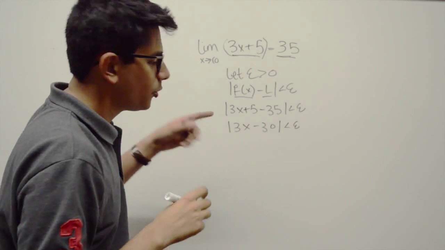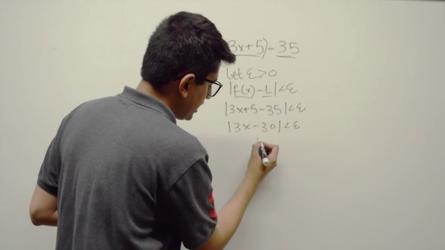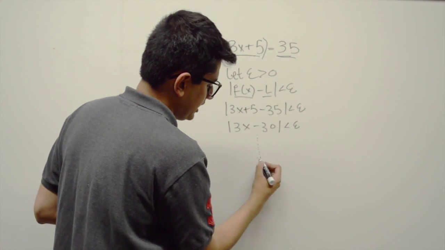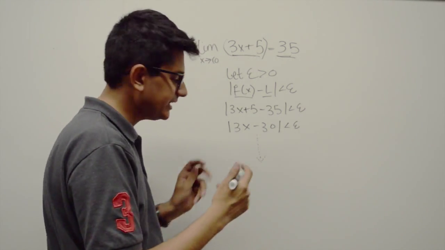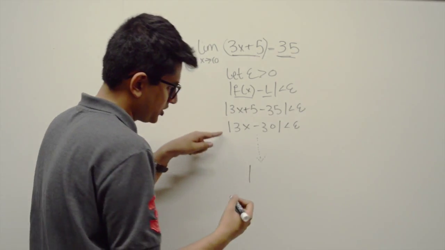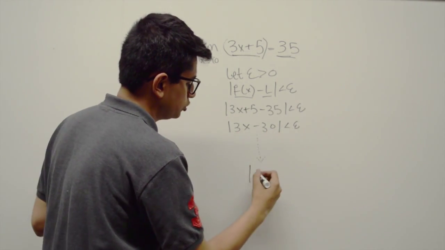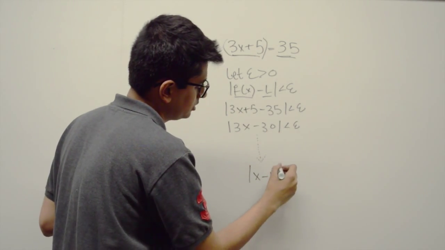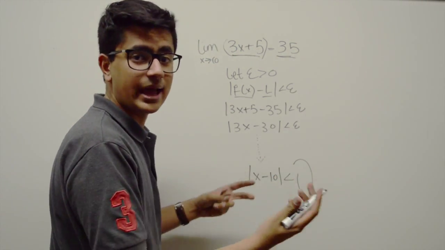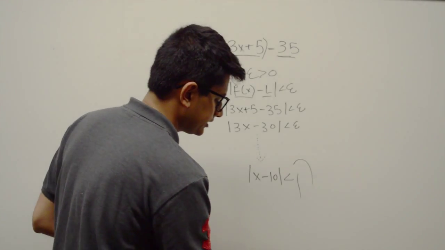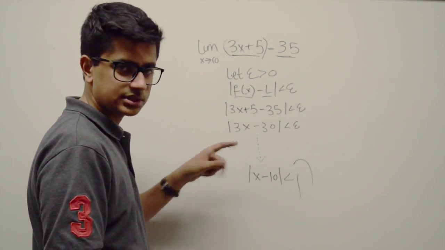Just some simplification here: |3x - 30| is smaller than epsilon. Simple. What we need to do now is use a series of processes, algebraic manipulation, so adding, subtracting, dividing, multiplying, anything to bring this expression |3x - 30| to look like |x - 10| smaller than some expression with epsilon in it. And this one's a bit more obvious.